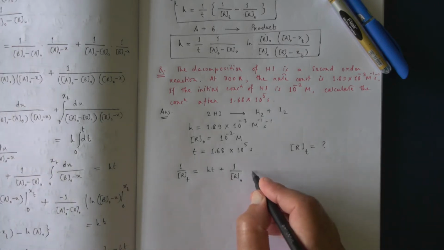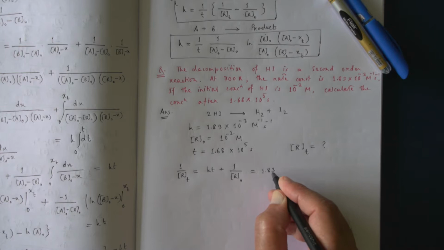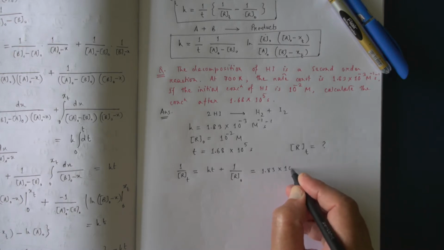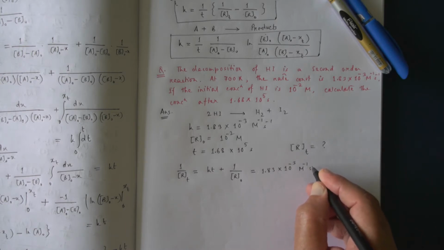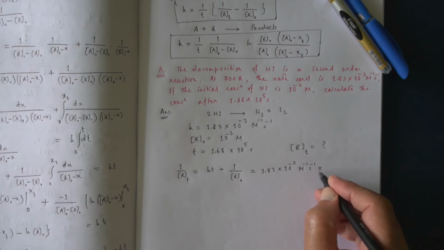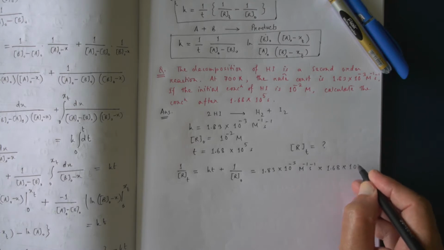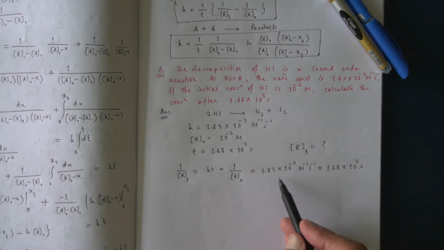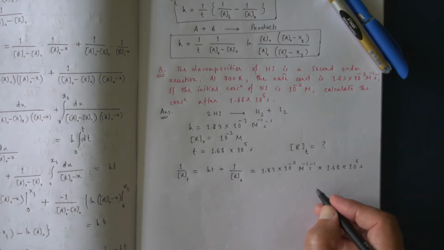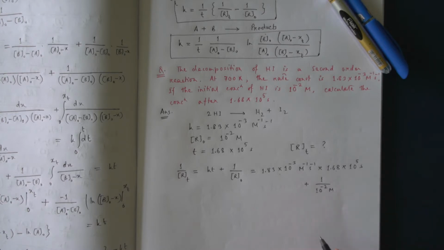So just put the values. k equals 1.83 into 10 to the power minus 3 per molar per second, t equals 1.68 into 10 to the power 5 second, kt plus 1 by [A]0, 10 to the power minus 2 molar.